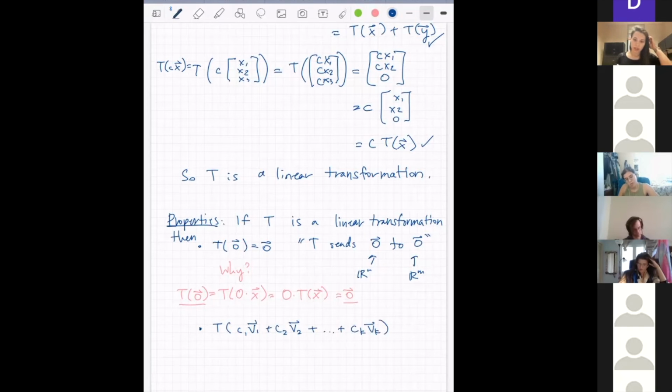And from the fact that we can pull out constants and we can split over sums, we actually get that this is equal to C1 T of V1 plus C2 T of V2 all the way down to CK T of VK.